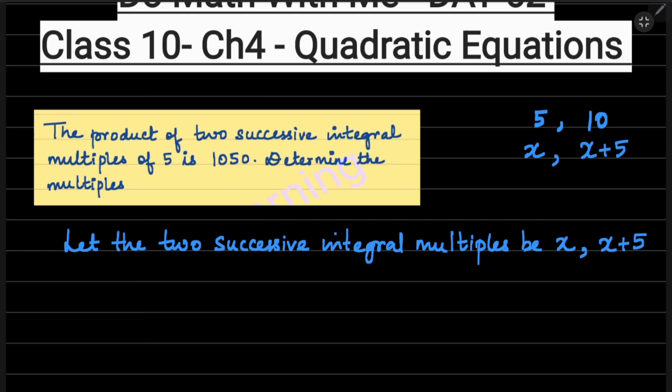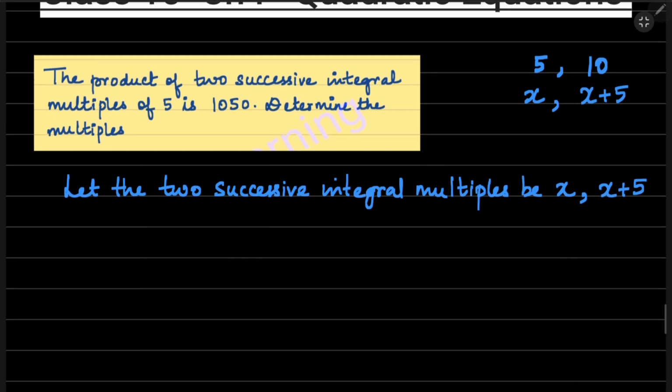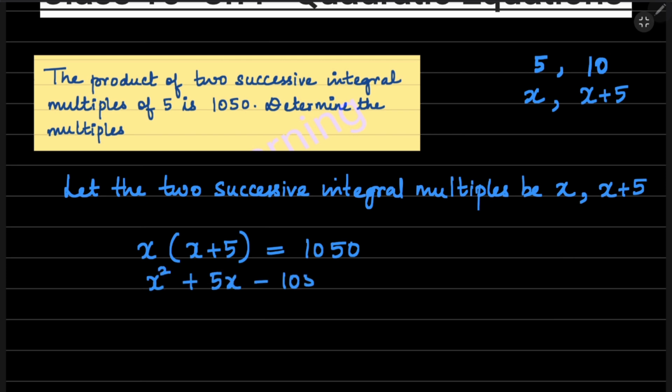Now, according to the question, what is it given? The product of two successive integral multiples of 5 is 1050, which means the product of x multiplied by x plus 5 is equal to 1050. So, what would it be? X square plus 5x minus 1050 equal to 0.